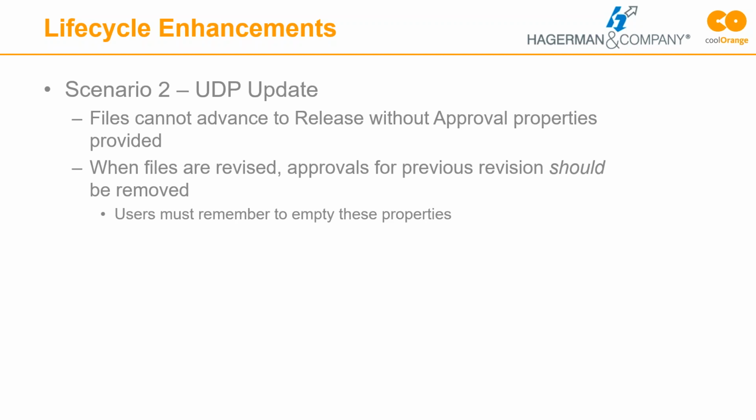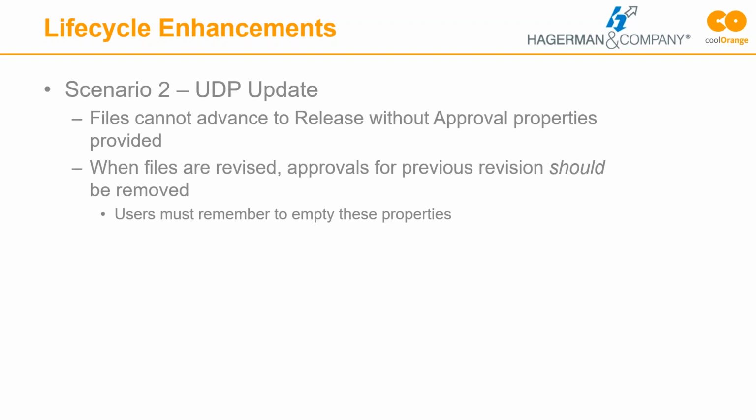So one classic example was I had a customer who really wanted to be able to have a nice workflow where they captured the initials of the approvers for their documents, and they wanted to make sure that a file couldn't be released until that approval information had been captured.